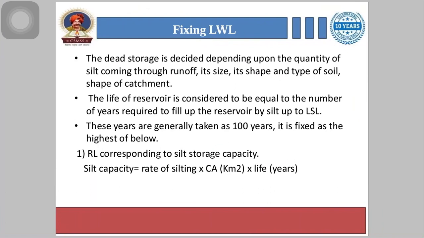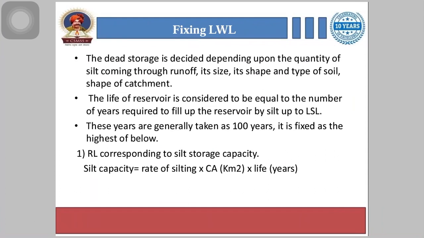The life of reservoir is considered to be equal to the number of years required to fill up the reservoir by silt up to LSL, that is your low supply level. These years are generally taken as 100 years.